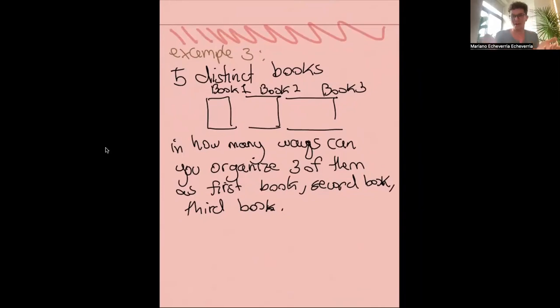For the first slot you have 5 options, for the second slot you have 4 options, and for the third slot you have 3 options, because once I decide to put one book in a spot, that book is going there. So I'm not allowed to reuse it. And that's the slight modification compared to the previous example.